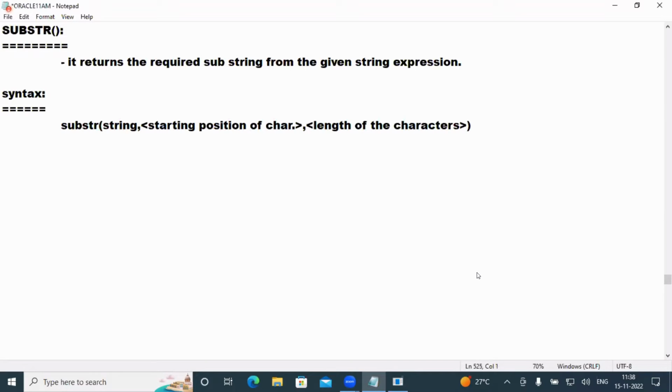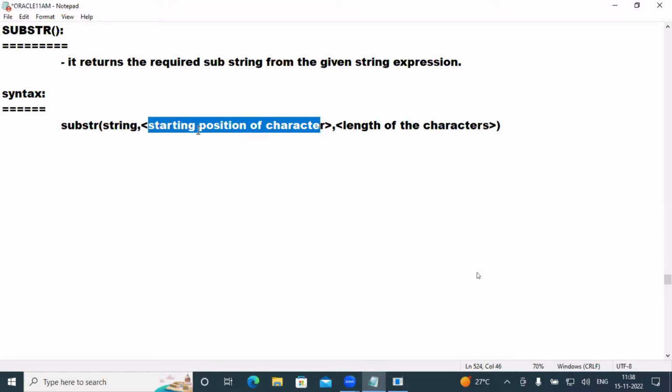In the string expression, from which position of the character you want it, that is one thing. And how many characters you want. So that is what substring will return for us.